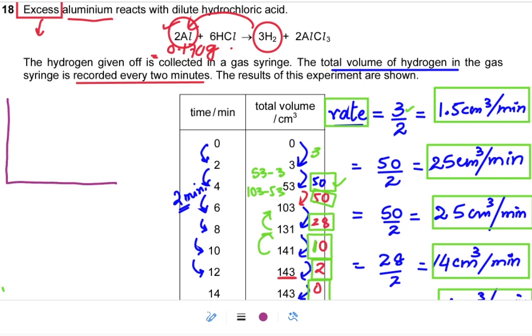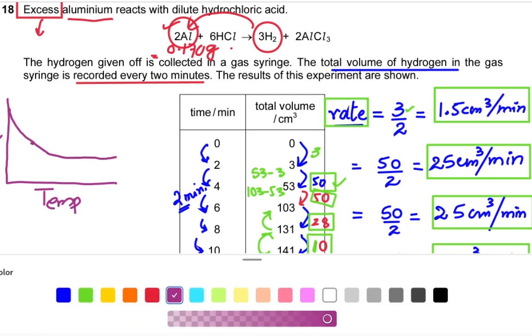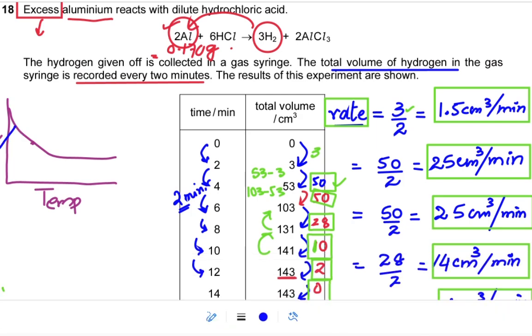You all must know at the beginning of the experiment the concentration of acid is high. If the concentration of acid is high, then the graph will be like this. At the beginning, the curve gradient will be steeper, and the steeper curve means the highest rate.